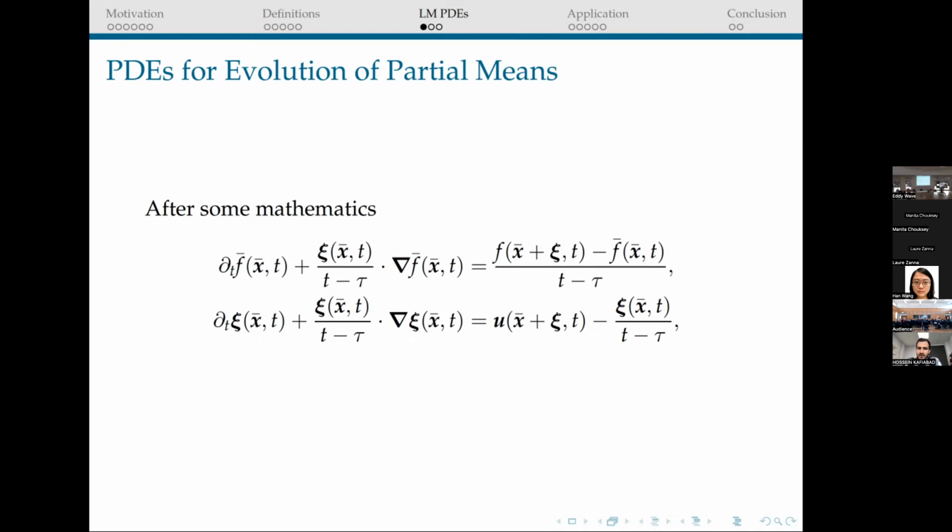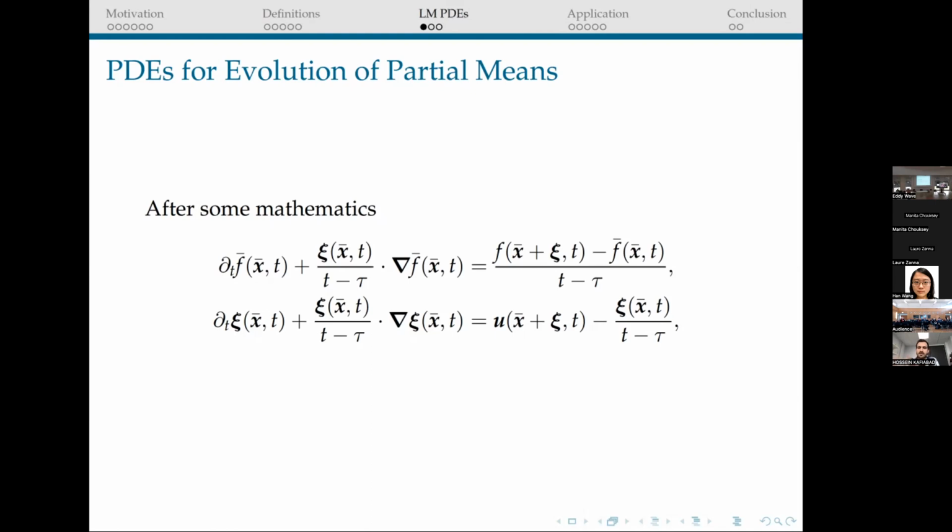This is pretty nice because now, first of all, you can just replace this x bar, which is a dummy variable, with just a random x. You can solve these PDEs in parallel with your governing equations. For solving these PDEs, you only need the instantaneous velocity and the instantaneous value of the field that you want to find its Lagrangian mean, and then you don't need to save any time series.